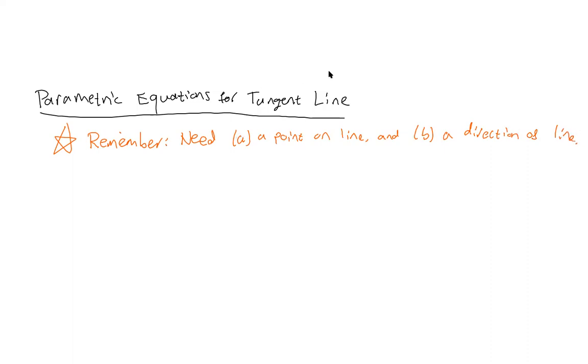And with tangent lines, we can basically find those two things without very much difficulty. So let's think for a second about what's actually going on.